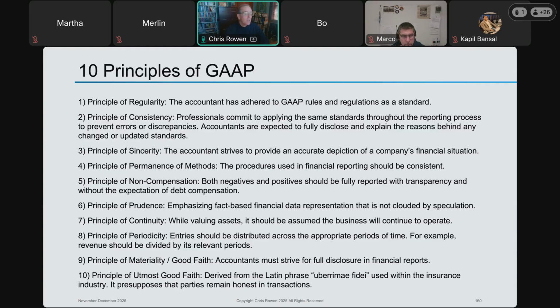That there's a principle of continuity, that when you're valuing things like assets, there's an assumption that the business will continue to operate, which actually says that a lot of assets will be valued higher because they will continue to be useful. So you don't have to use the liquidation value of assets when you're doing asset accounting.